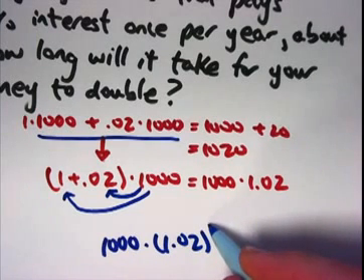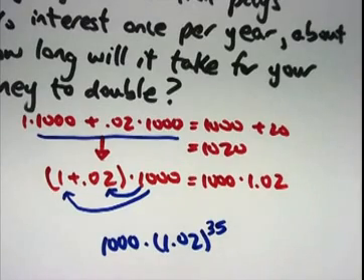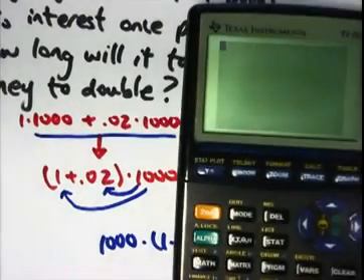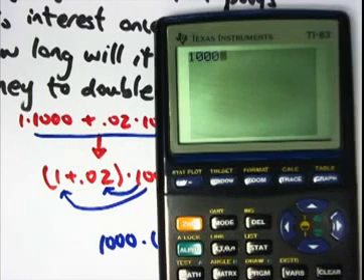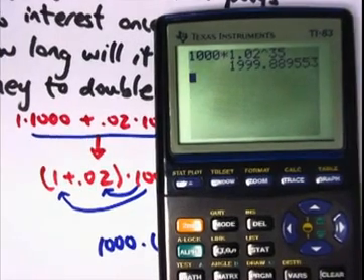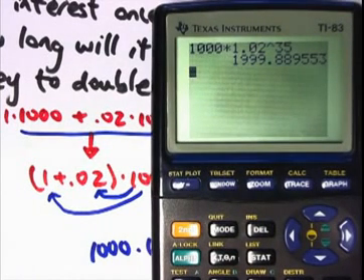Well, I know the answer is going to be to the 35th power. I can just do that one calculation right away, if I happen to know the answer is 35 at least, to get effectively $2,000.